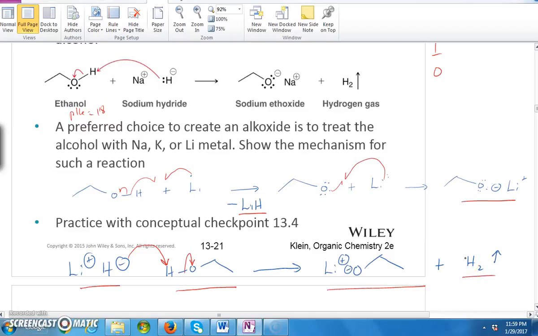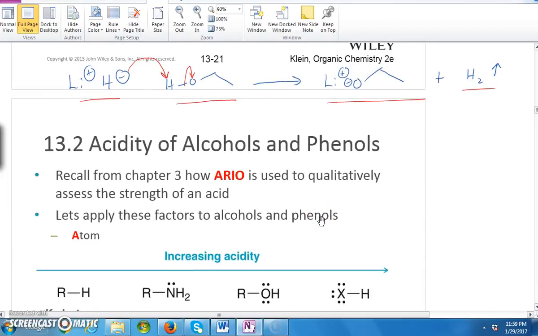And so if you add both together, you get the overall reaction. So that's a great way of converting an alcohol to the corresponding base by using either sodium, potassium, or lithium metal.